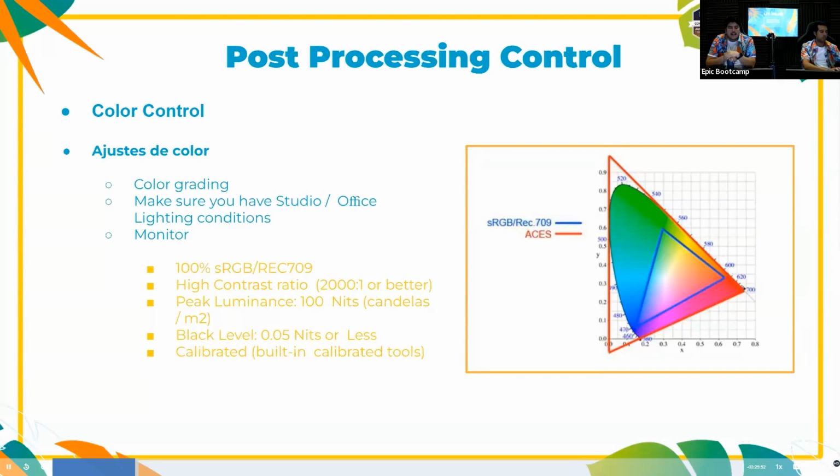Adobe uses it as a native format, but when we compare the range of color that we have inside Rec 709 versus ACES, it's huge. We have a big difference in the dynamic range of the image, and with that information, we can color grade a lot better.